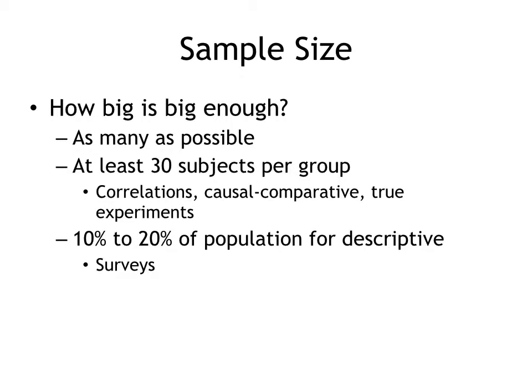For example, I'm doing work right now on the way that teenagers use technology. And I know that to really have confidence in what I'm finding as I survey these students, I need to be hitting 20 to even 30% of the population that I'm looking at, so that I've got confidence in the results.